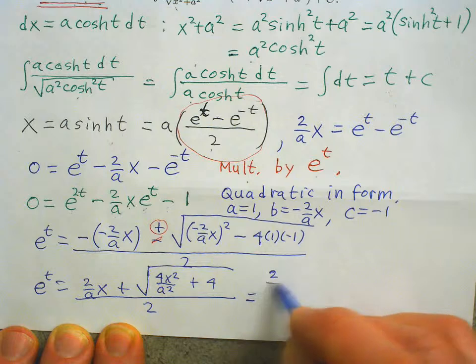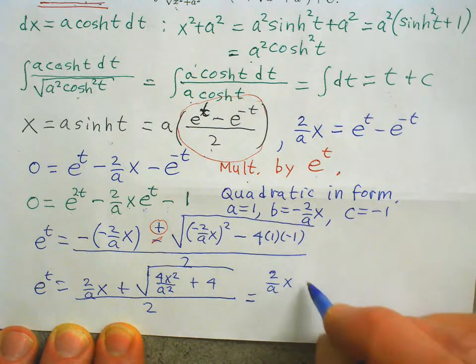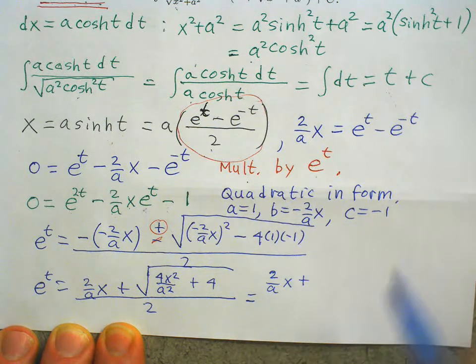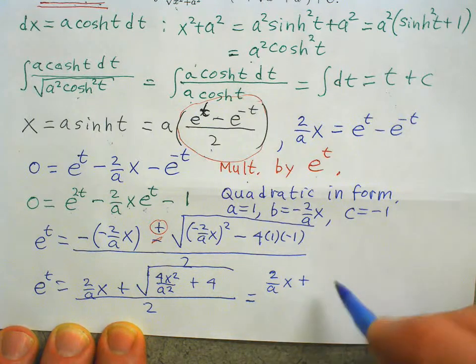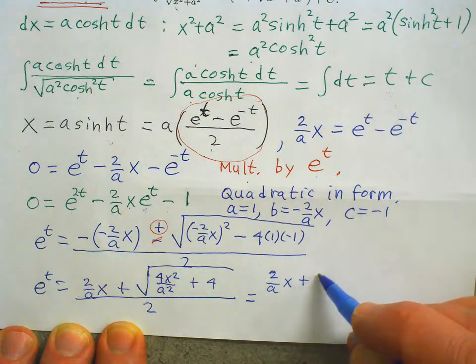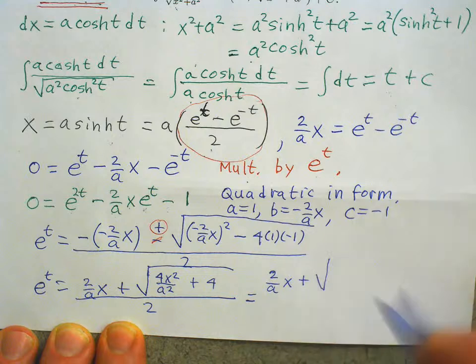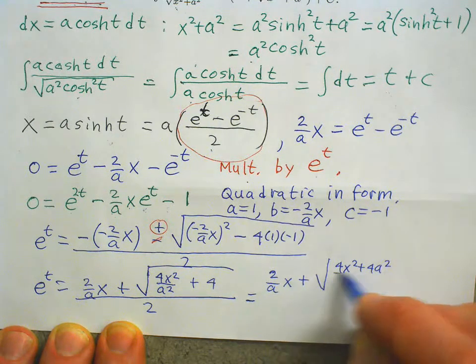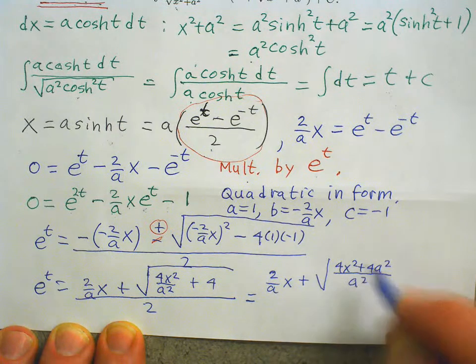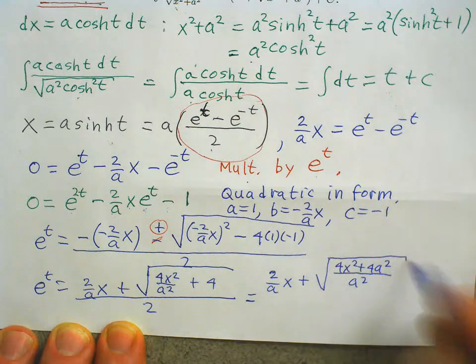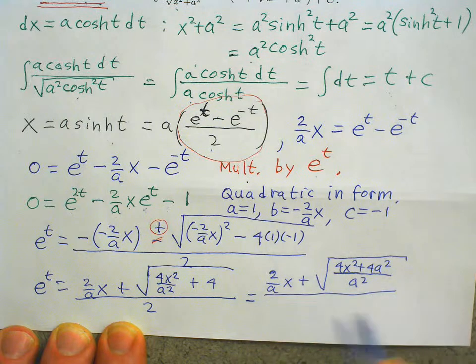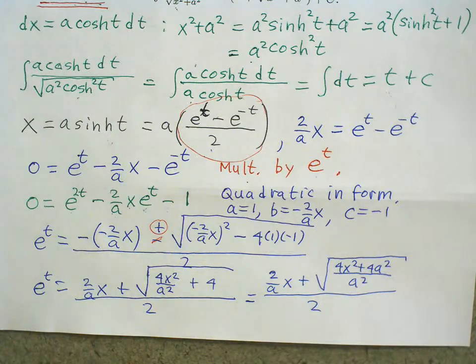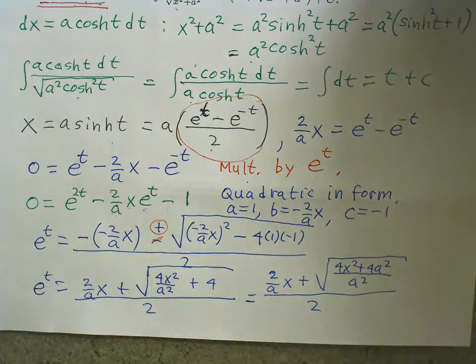So I get 2x over a plus, I'll go ahead and write it all, the square root of 4x squared plus 4a squared over a squared, all divided by 2. And I'll bring in some more paper.